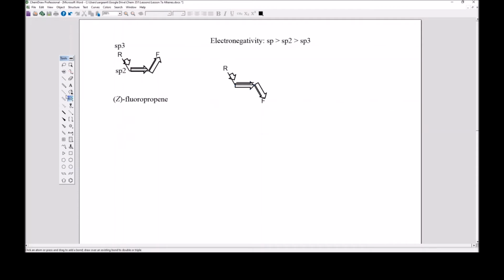And so what we want to do is one more time think about the axes. So on the pi bond you can think about a line that is perpendicular to the pi bond and a line that is parallel to the pi bond. And so I'm going to think about what's going on along the parallel line to the pi bond and what's going on the perpendicular line to the pi bond.